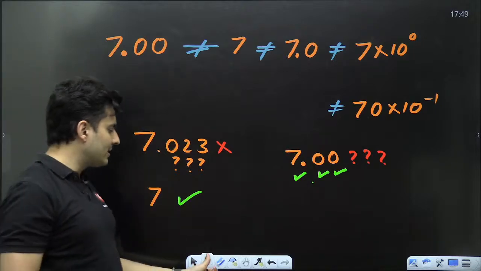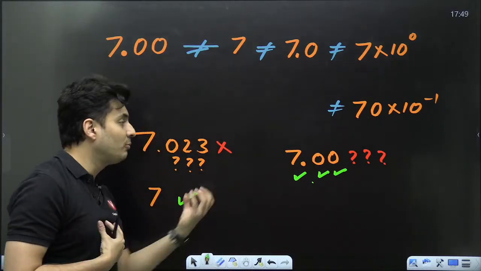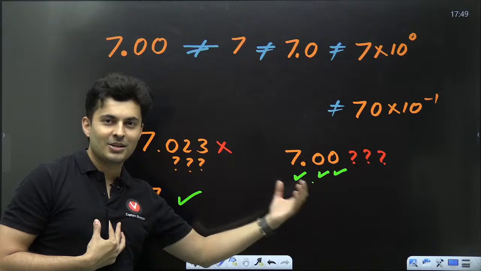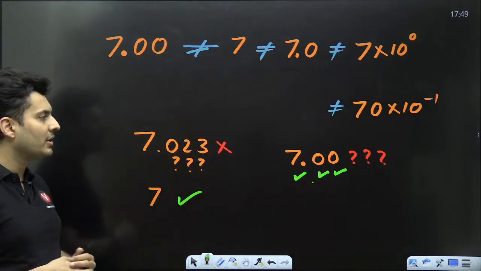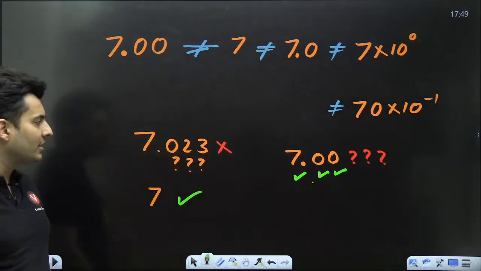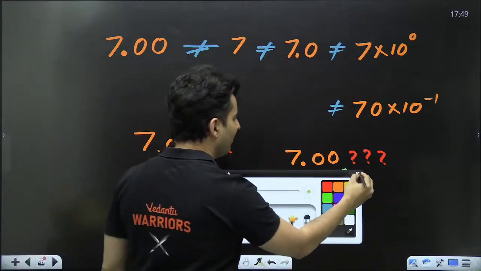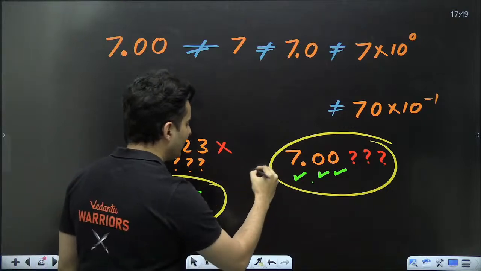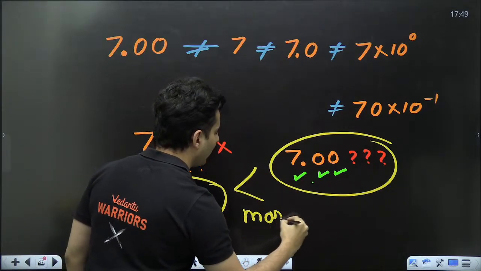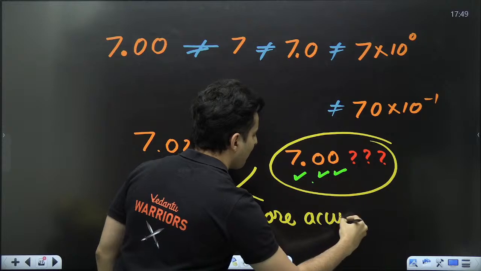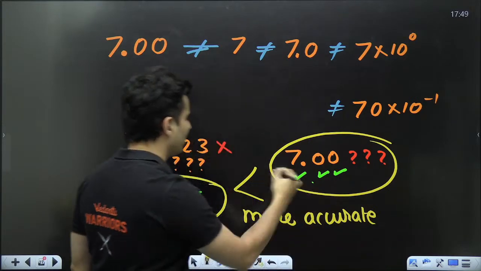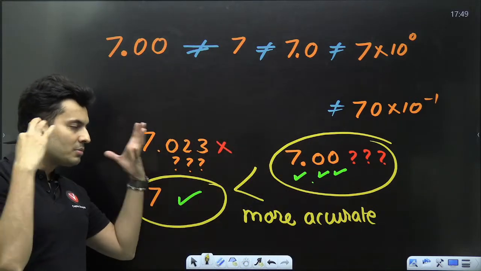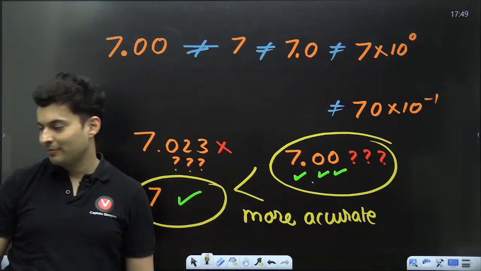Yes, the value remains the same, but who do you think has put in that extra effort? Obviously, it is 7.00 as compared to 7. Accuracy wise, 7.00 is much more accurate than just 7.